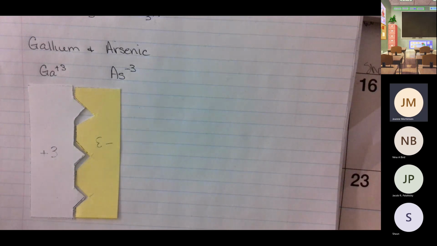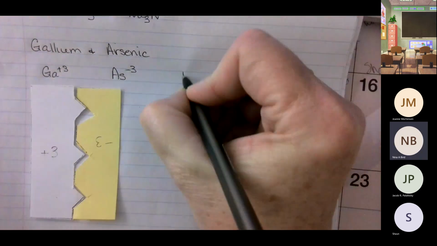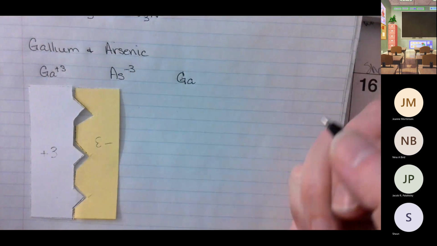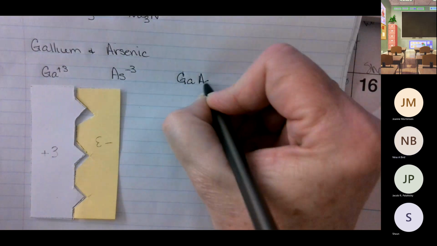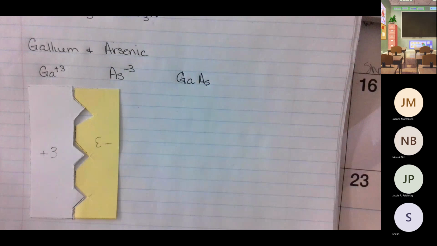So Nina, show me your magic. What is the chemical formula for when I mix gallium and arsenic? Would it be Ga capital AS6? No, stop there.